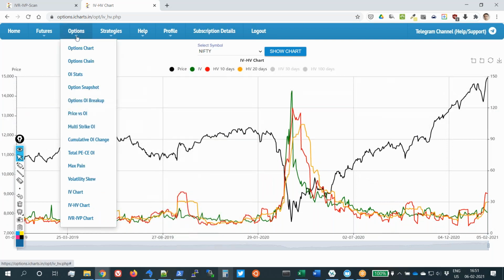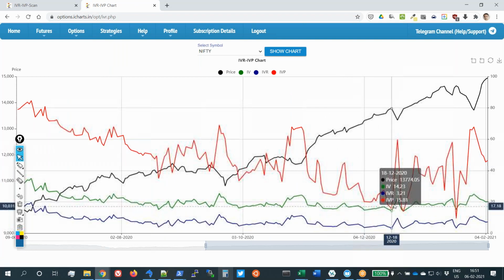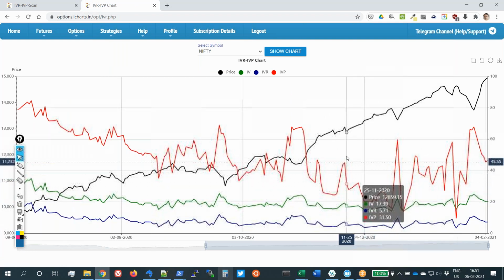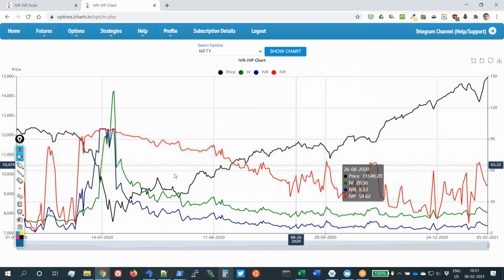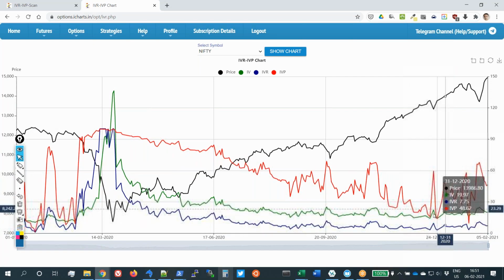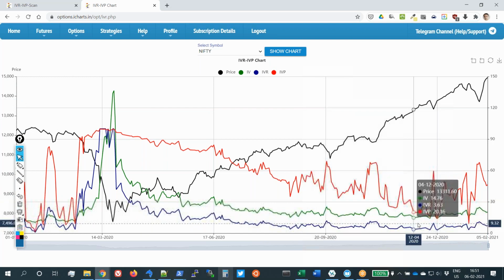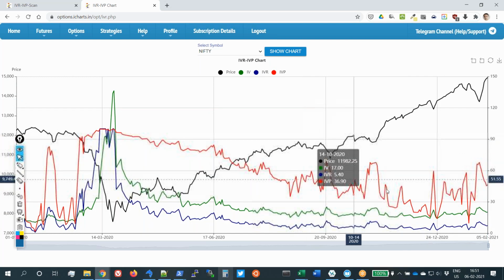Similarly, the IVR IVP charts are also for the same. Again, you're trying to see how low volatility is. Whenever it is too low, then you have to be careful. You have to expect that volatility may explode. So whenever IVR IVP is low, you have to be careful.